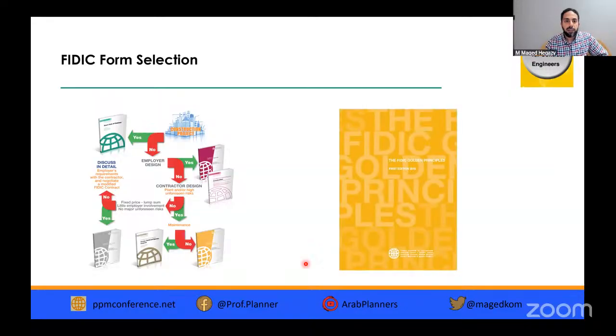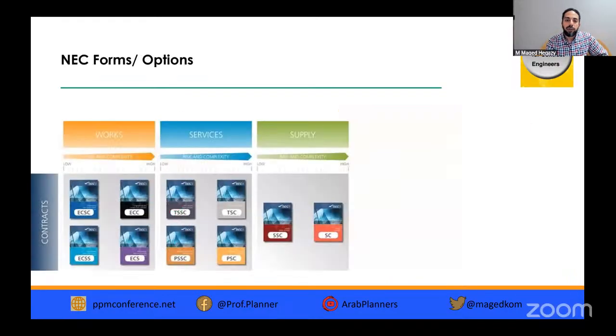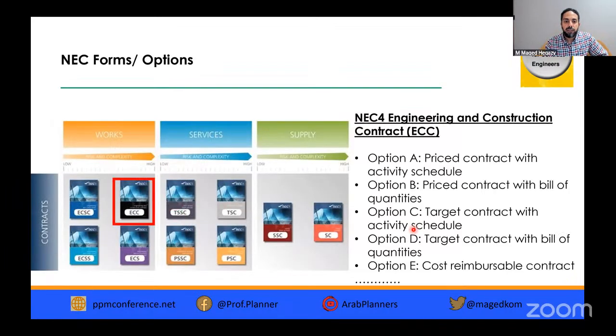We said here about the selection of the form, and we have the golden principles to follow when you are drafting. Here we selected this form of the NEC, which is the engineering and construction contract. They have some options with activity schedule, with bill of quantity, with target cost, or cost reimbursement contract.